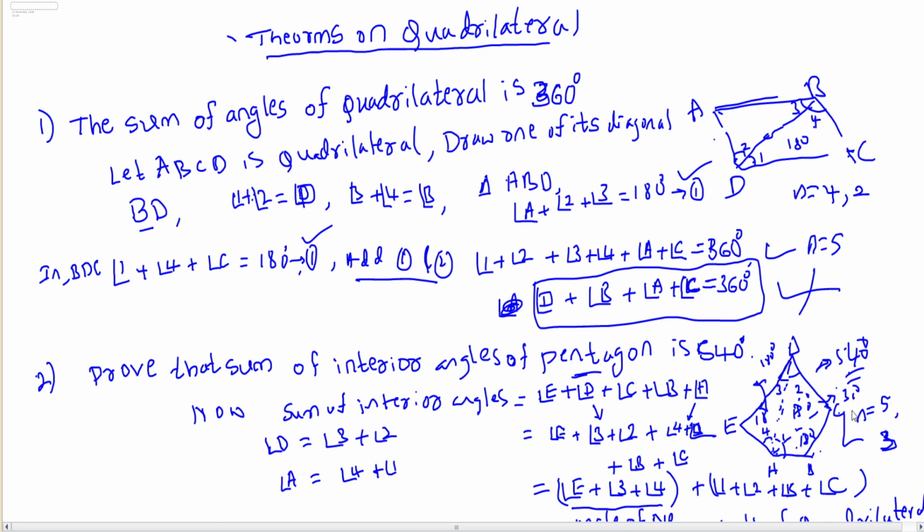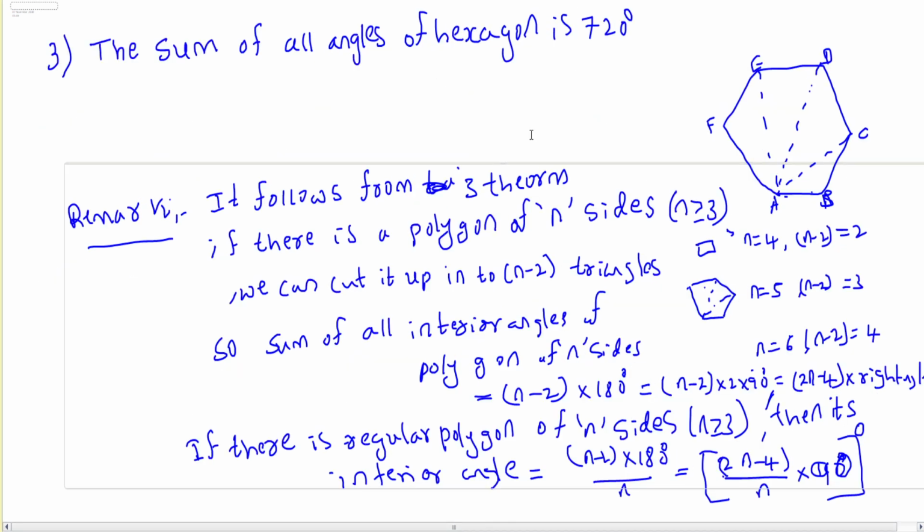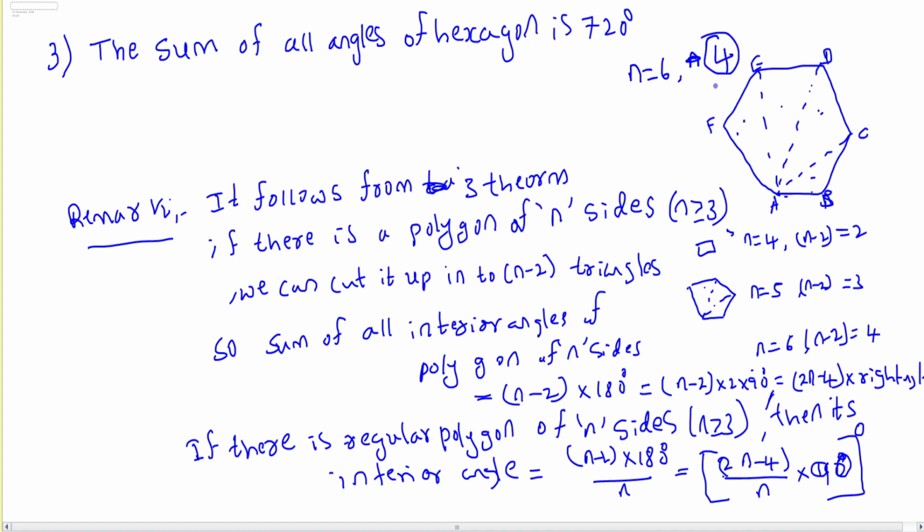Similarly, we can prove the sum of all angles of a hexagon. Here n is equal to 6, and we get 4 triangles. The sum is 4 into 180, that is 720.